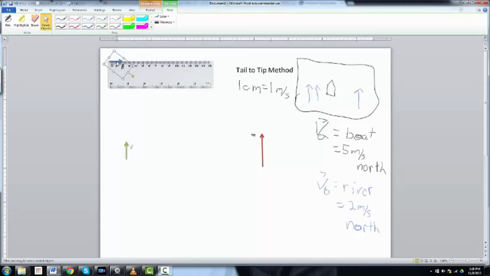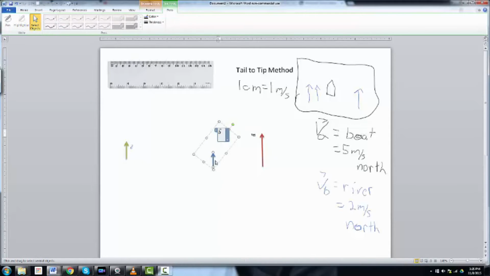Okay, that works. It's about 2, for better or worse. So its length corresponds with its magnitude, so 2 meters per second, and we also want this to be pointing up. We can straighten out the B so we can see that better. And so now I've got my river.